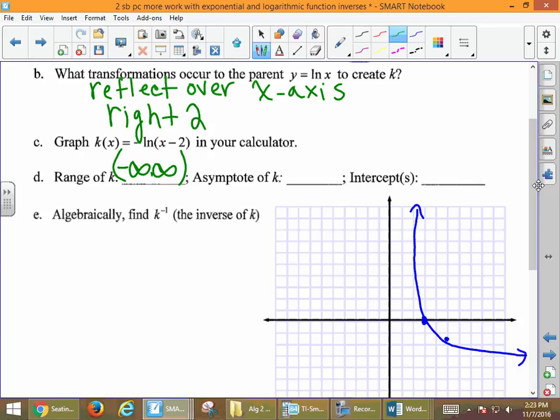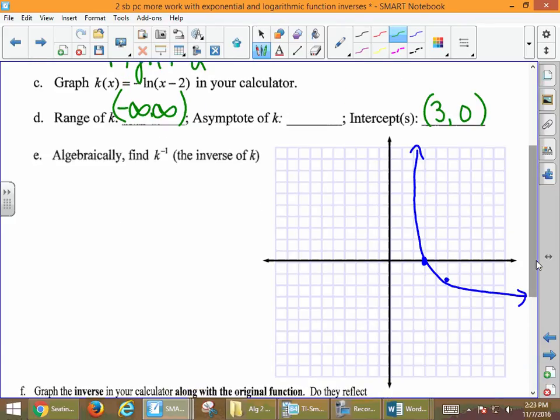We've got 1, 2, 3, 0. We've got an x-intercept. Do we have an asymptote? And we do. And I think it's actually here at x equals 2.